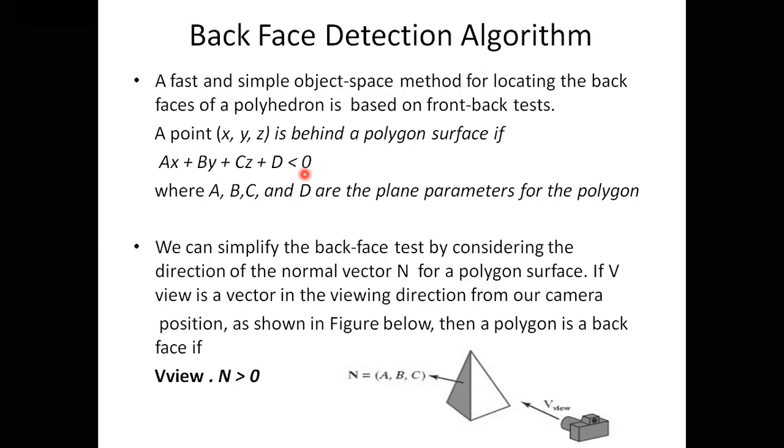If x, y, and z are the coordinate axes and a, b, and c are the coefficients, and ax plus by plus cz plus d turns out to be less than 0, then I consider that the particular point is on the object.